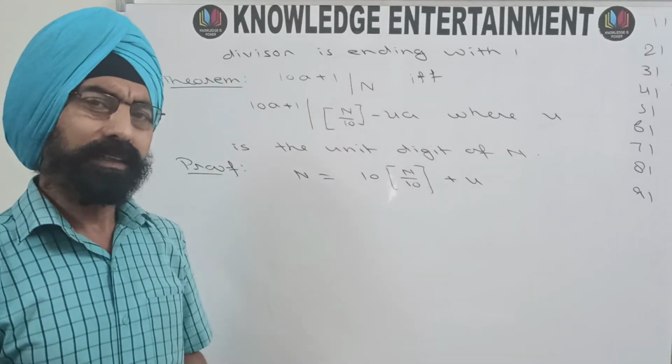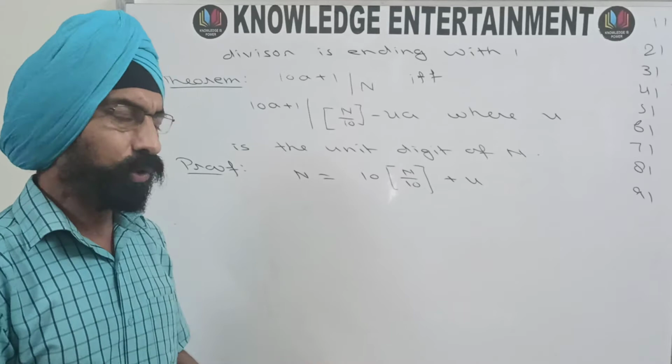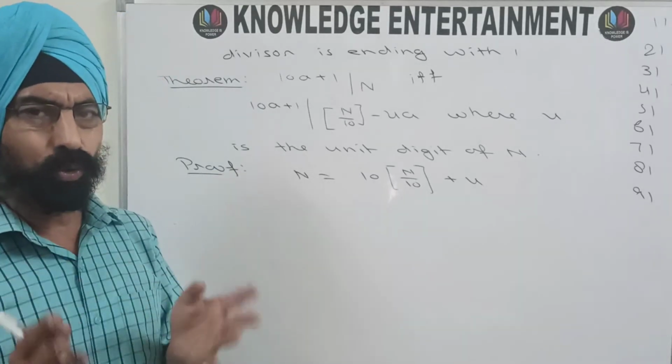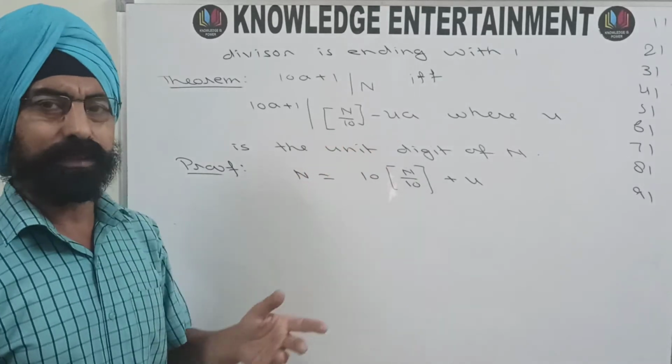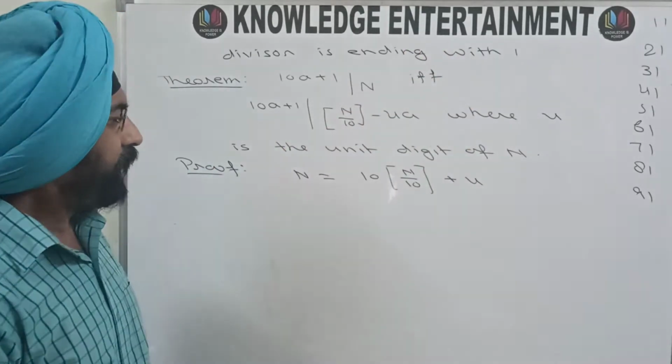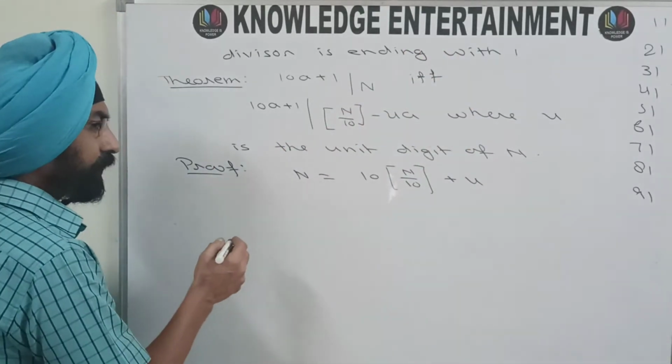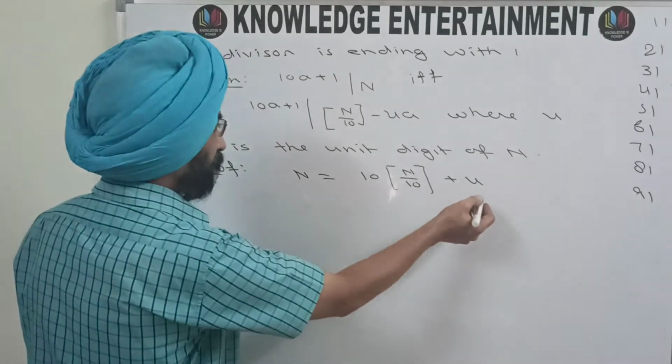We can use it repeatedly to decrease the number to a very low level so that we can easily handle the divisibility by these numbers. Now look at what your number is.